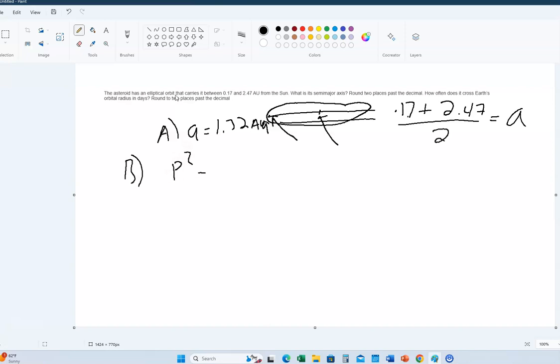P squared is equal to A cubed. So from that, of course, P is equal to the square root of 1.32, that's a 3, sorry, but you have to cube that. All right, so here we go. And that of course gives you the period in years.